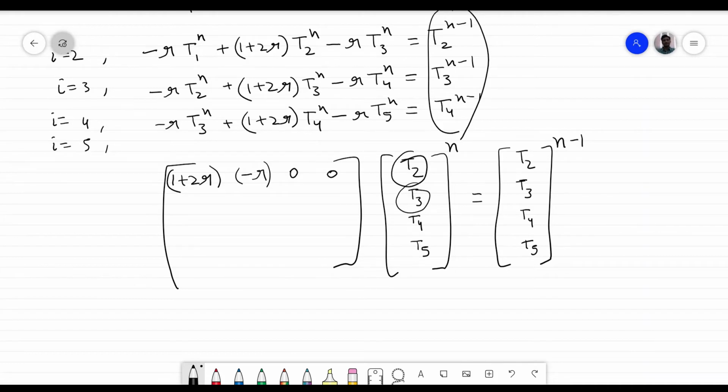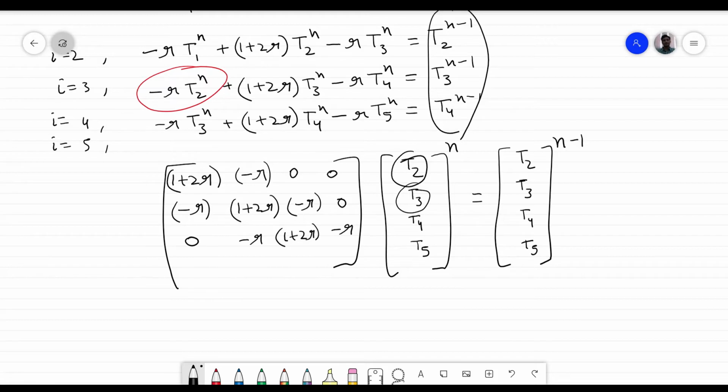Now the next row, you can see that you have t2n multiplied with minus r. So you get minus r, then t3 is multiplied with 1 plus 2r, and then t4 is multiplied with minus r, and then 0 for t5. Similarly, in the third equation, you don't have any t2, so first element should be 0. Then t3 is multiplied with minus r. You can notice the trend that we are getting here.